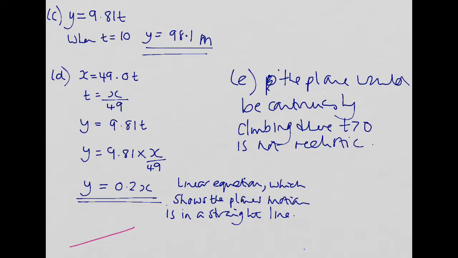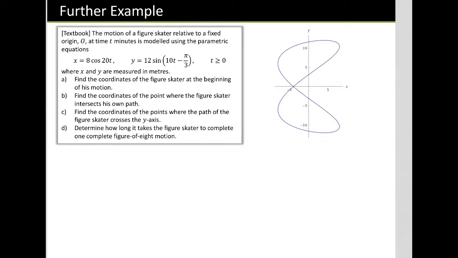I think it's good to look at a second one. Here we go. So again, modelling question. What are we modelling this time? A figure skater. So next time you see dancing on ice, you can write a parametric equation for it.